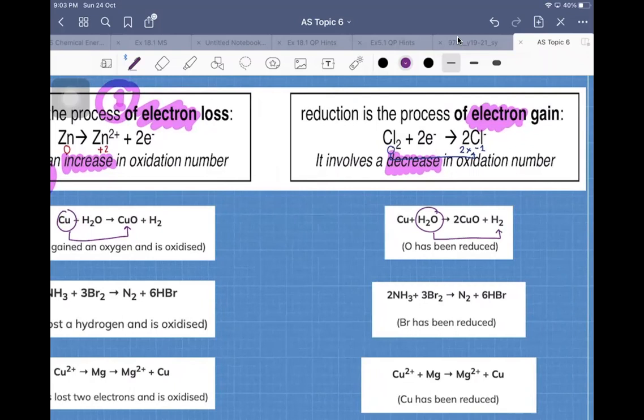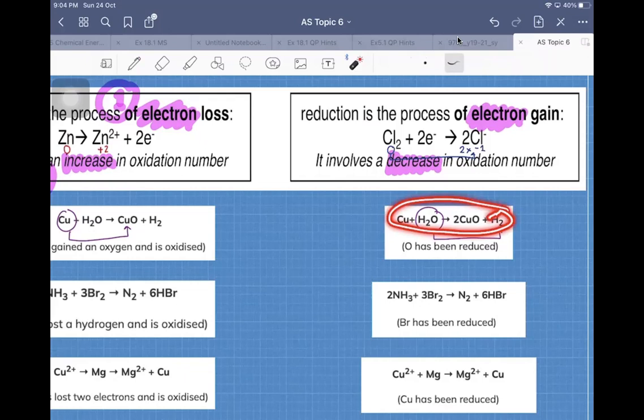So we say that the oxygen has been reduced. It's not as easy to see in terms of oxygen and hydrogen because there are a lot of oxygen and a lot of hydrogen in an equation. The easiest way to spot them is by working out the oxidation number or looking at the electrons, but you only see electrons in half equations. This is the full equation. You see the copper reacting with water, H2O, to form copper oxide and hydrogen gas.